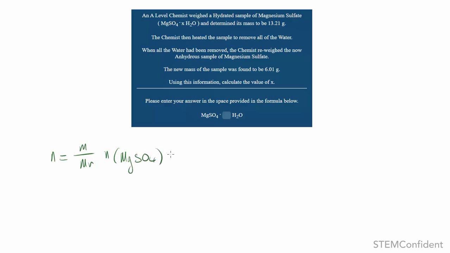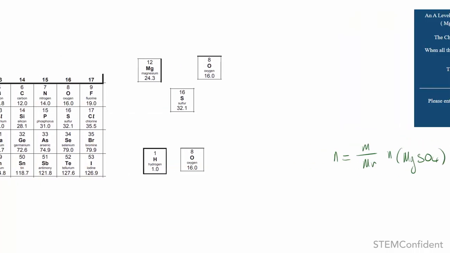The hydrated mass is the MgSO₄ with the H2O, so that's not the mass we're going to use. We're going to use the anhydrous mass, so it's going to be 6.01 divided by the molar mass of MgSO₄. We don't have that yet, but we've got the formula, so we can work that out.